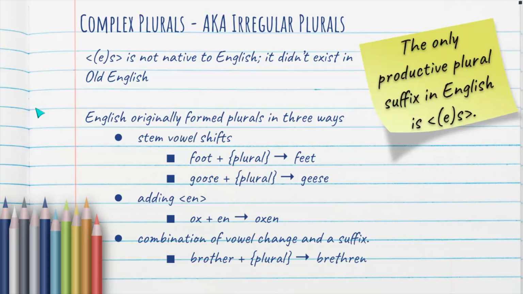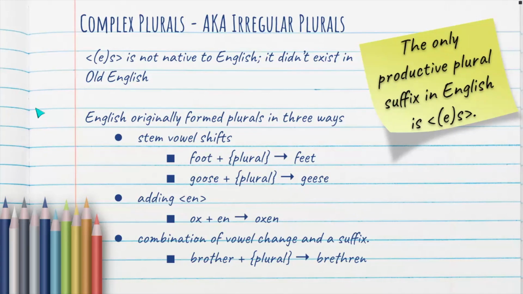So the best or easiest way to think about when we add S or ES is this: when you look at the base or single form and compare it to its plural form, if you've increased in syllables, you've added an ES.